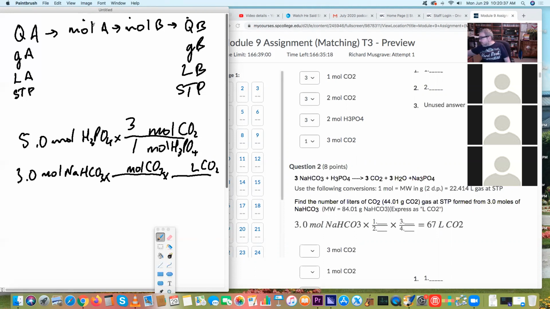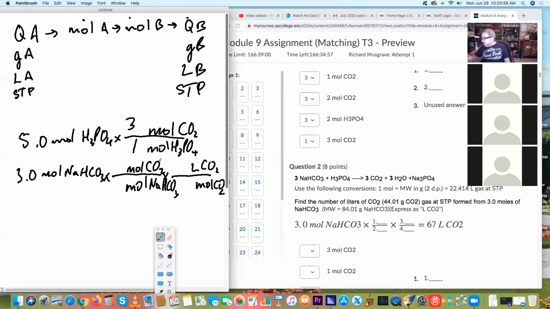So we'll have moles of NaHCO3, then moles of CO2, then in this case, liters of CO2 at the end, because that's what we want. And whatever goes on the bottom has to match whatever's up here, so it cancels. So that's how we know what goes in there.